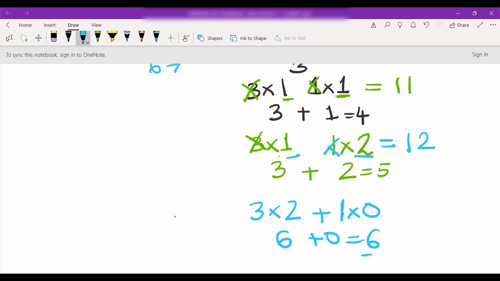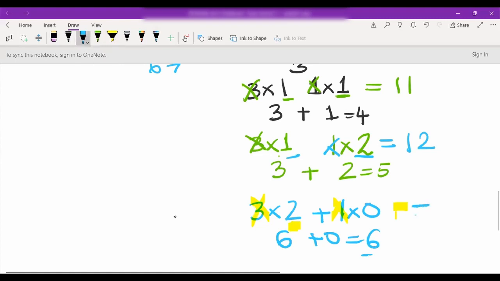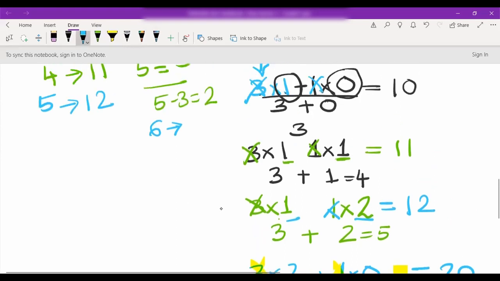Now we want to generate the ternary number. So for the ternary number, we are going to drop the multiplicand. What is remaining is your ternary number, which is 2, 0. So number 6 is represented by 2, 0.